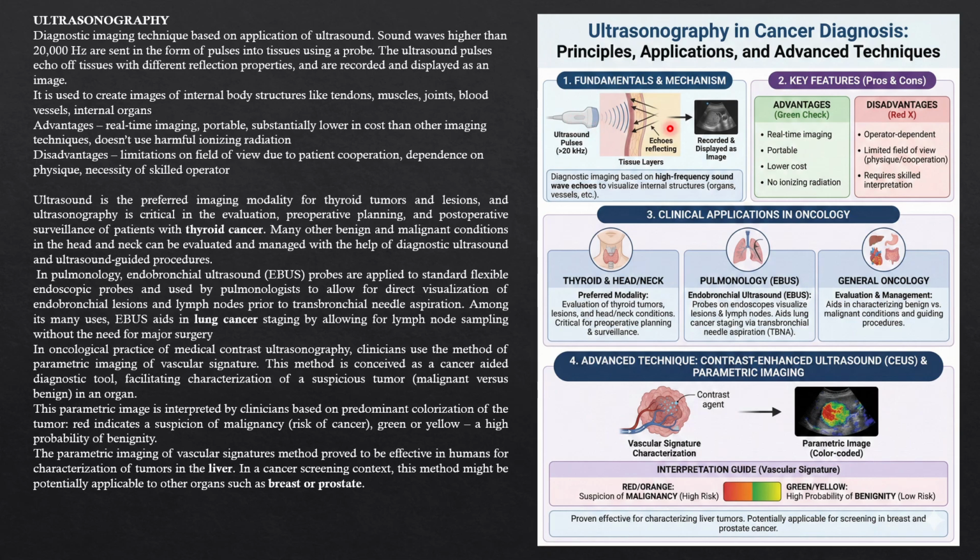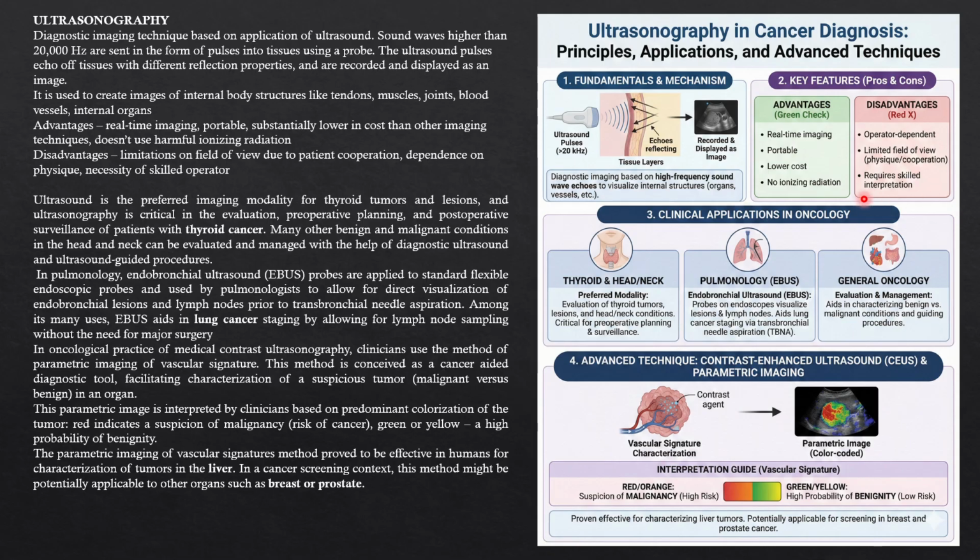The key features are the advantages like real-time imaging. It's portable and low cost, and doesn't have the challenge of ionizing radiation. However, the disadvantage is that it's operator dependent, has a limited field of view, and requires skilled interpretation.